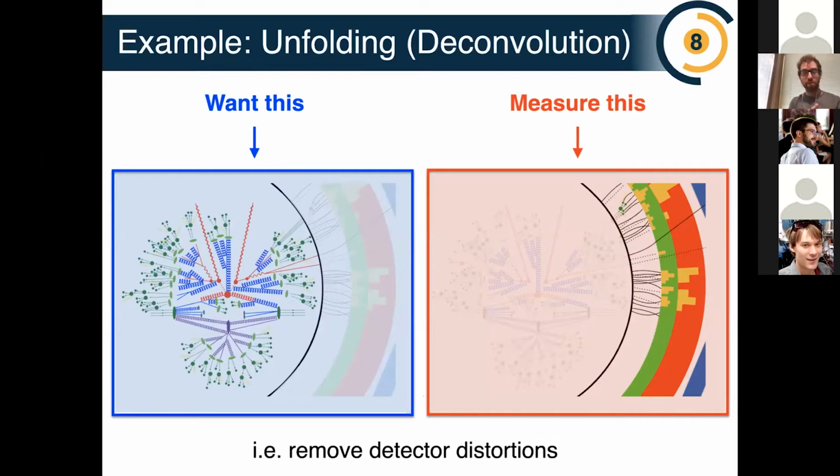We want to infer something about the particles before they hit our detector, and of course, we only measure the detector stuff. These are schematic diagrams that show particles produced on the left, and on the right, signatures in our detector. This is akin to removing detector distortions, because once you remove the detector distortions, you've basically gone back to the particle phase space.